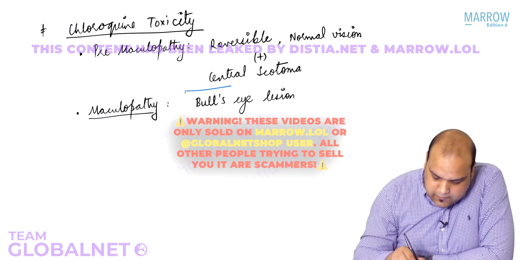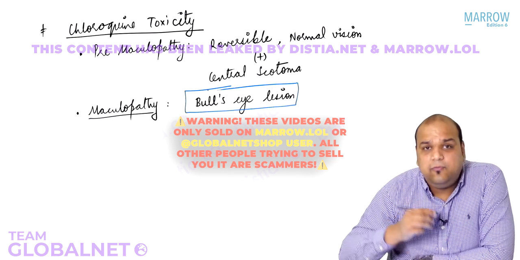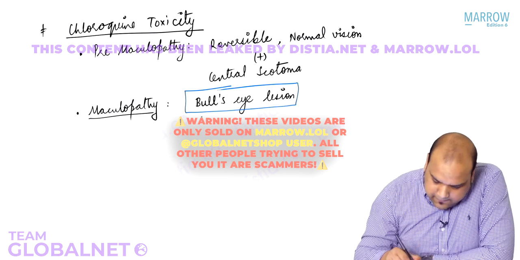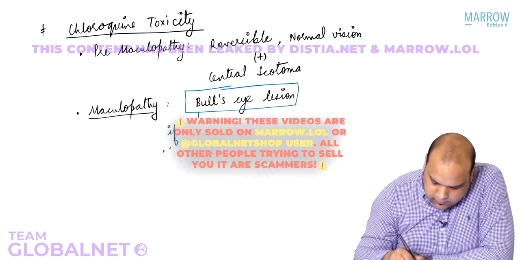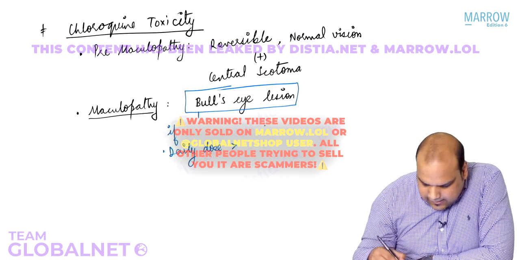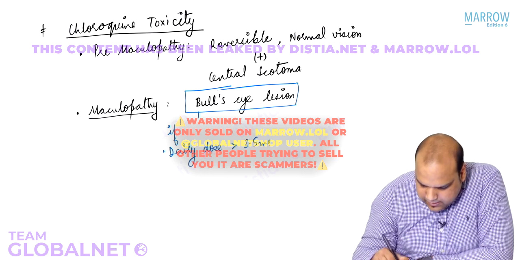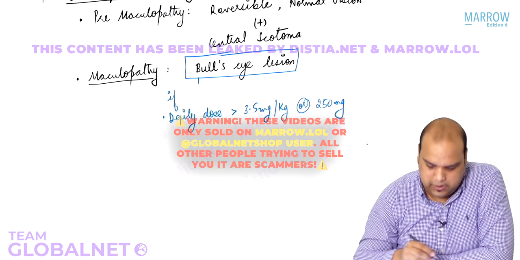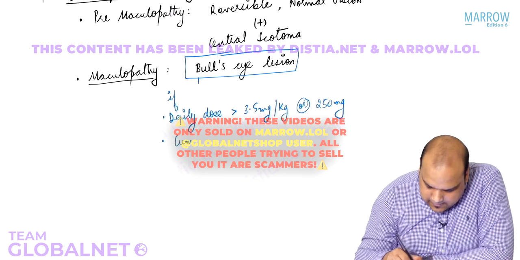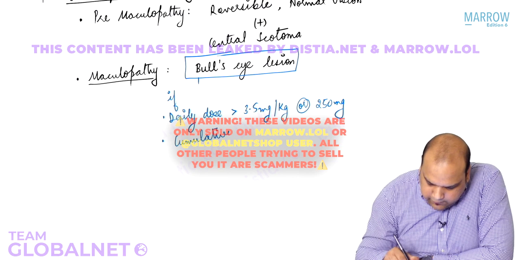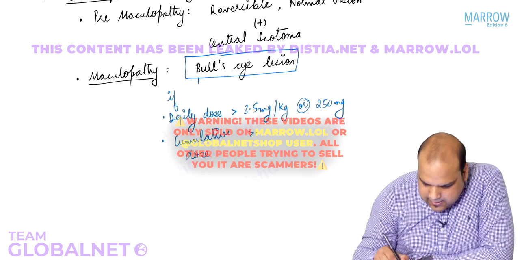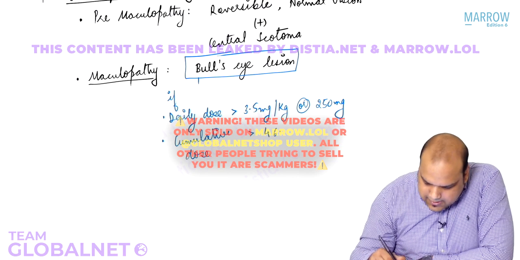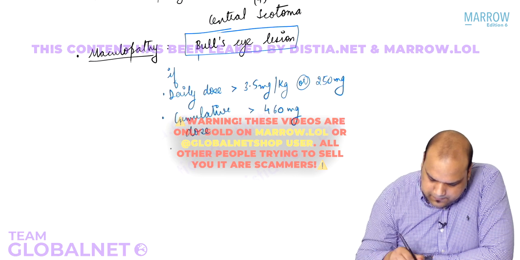Now the question is, when do we see the bullseye lesion? When does the maculopathy develop, everybody? If the daily dose is greater than 3.5 milligram per kg or 250 milligram in total. Secondly, if the cumulative dose is greater than 460 grams.